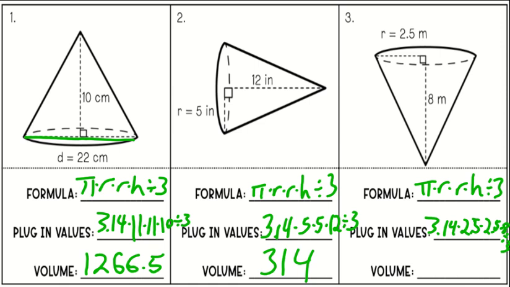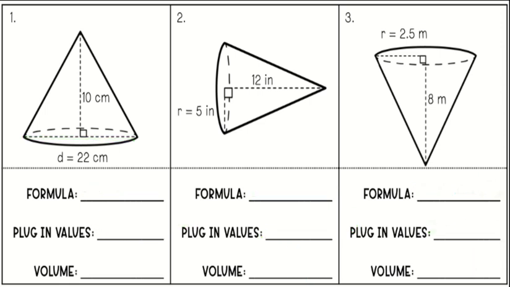Yeah, we get 52.3 repeating. Not so bad, right? Any questions on those? So like I said, that's basically the same thing we did yesterday. We just got the divided by 3 part.